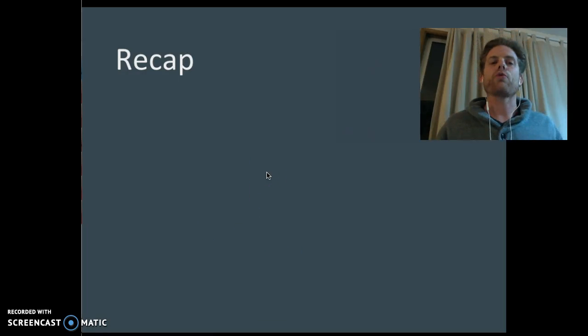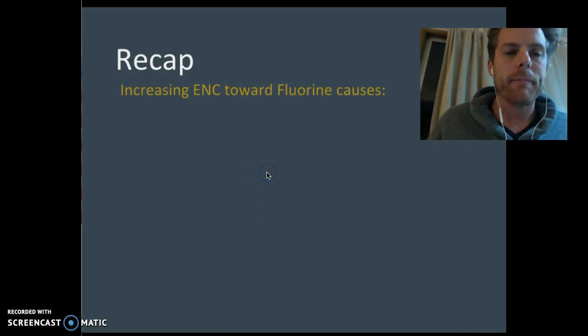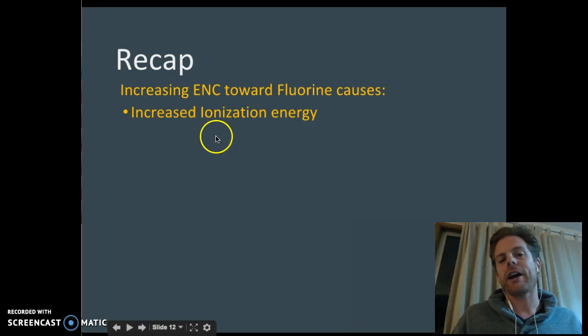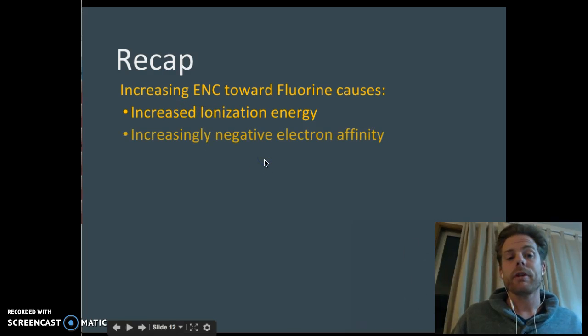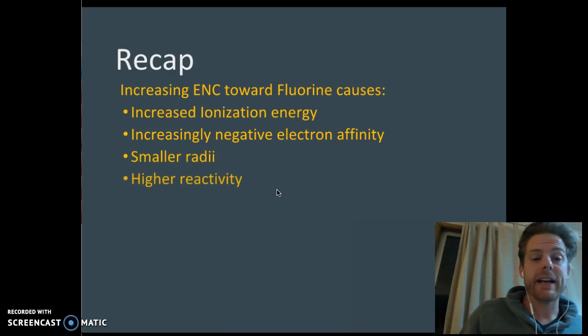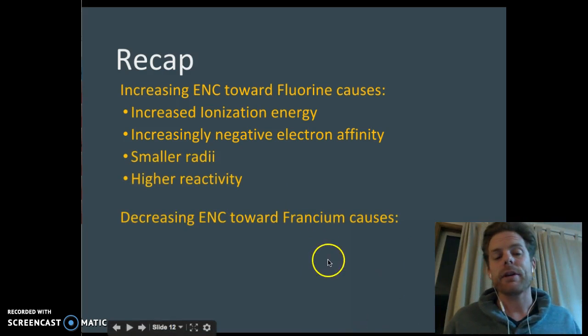All right, so recap. Effective nuclear charge towards fluorine causes increased ionization energy, increasingly negative electron affinity, smaller radii, and higher reactivity.